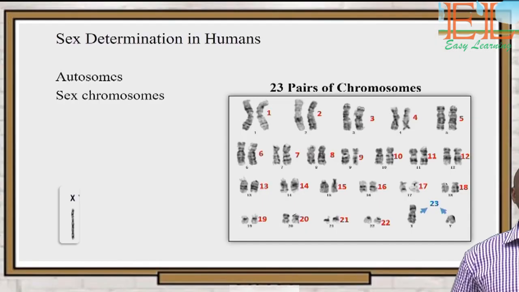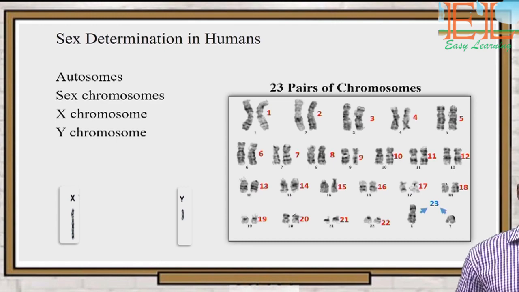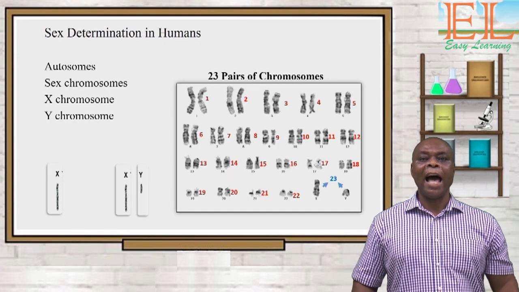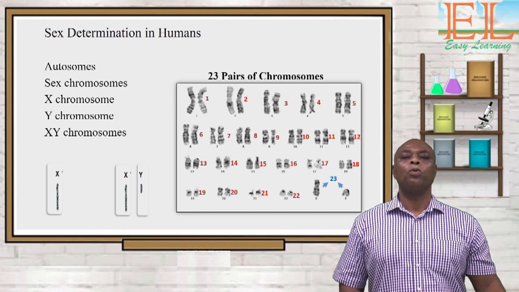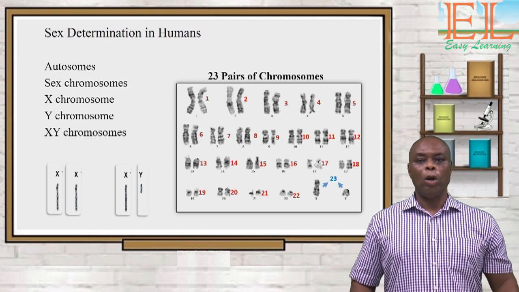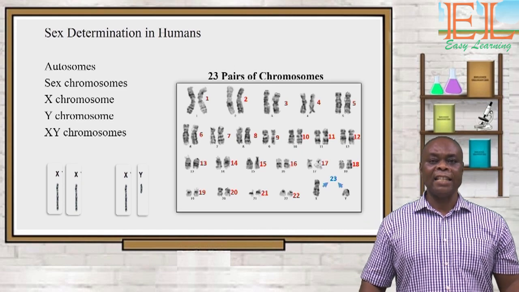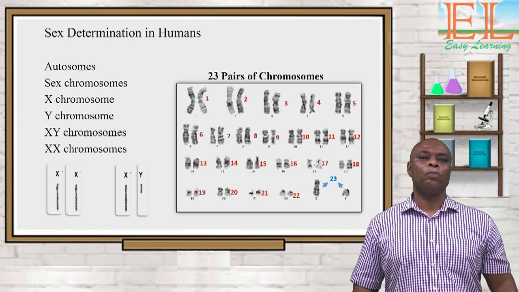The short one is also termed as Y chromosome. The male has one long chromosome and one short, and hence they are controlled by XY chromosomes, whilst the female have two long chromosomes and hence are controlled by XX chromosomes.